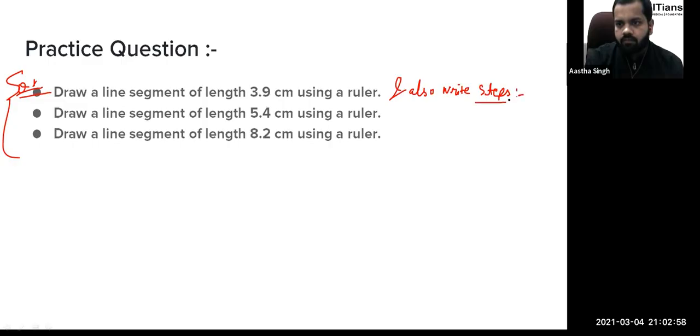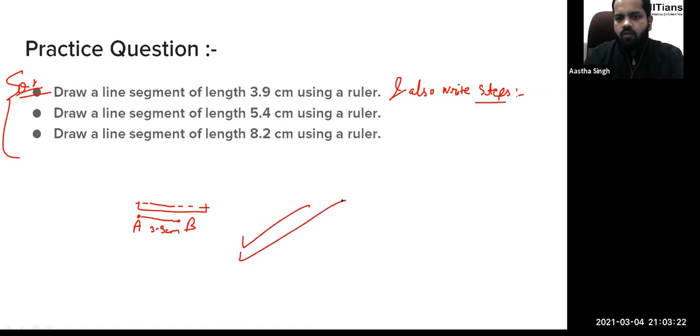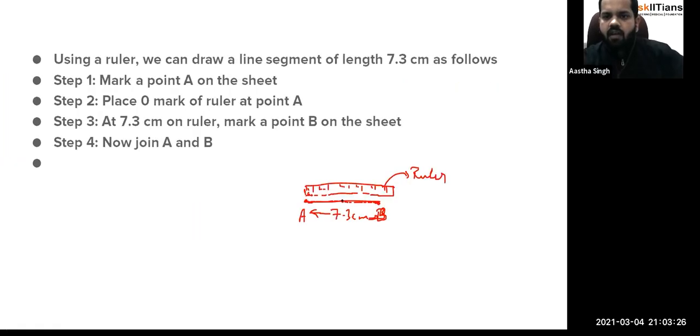Take a ruler, first mark a point A on the sheet and put the ruler at point A with 0, and the pencil at 3.9 centimeters. Mark B. This is how you will get your steps and construction. Similar steps: just remove 7.3 and put 3.9.